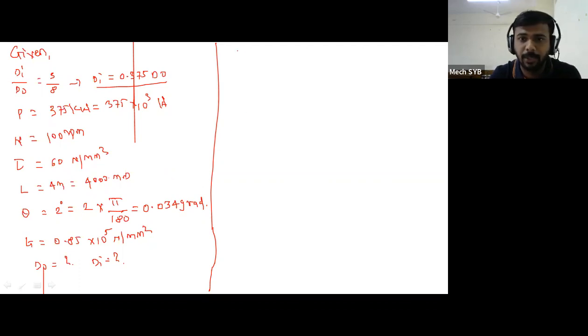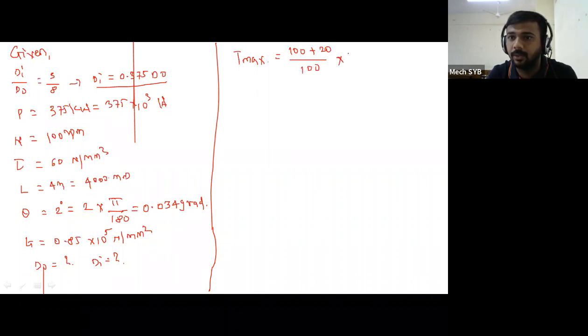Okay, so now another relation is also given. Tmax is equal to 20% greater than Tmin, that means (100 plus 20) divided by 100 into Tmin.